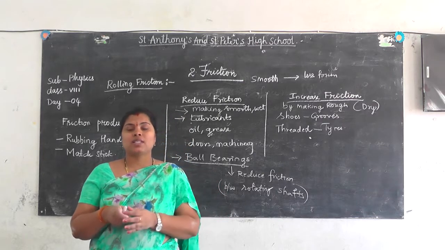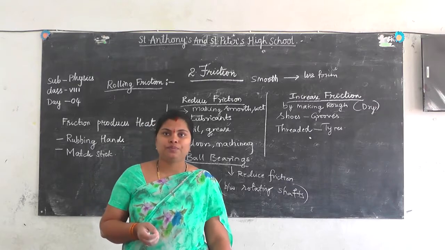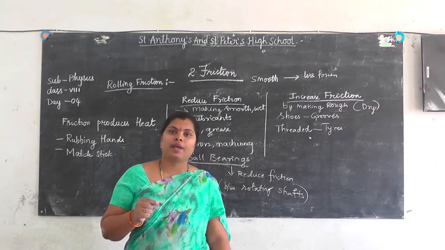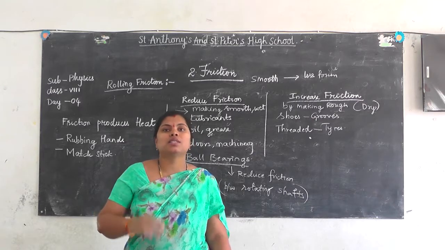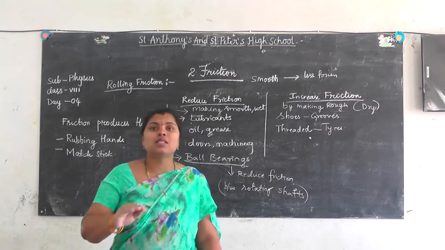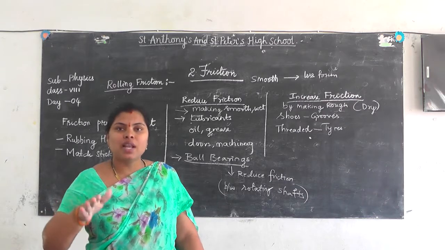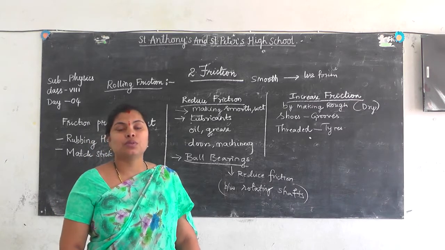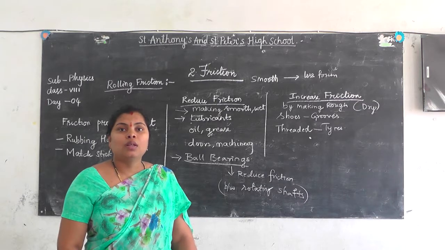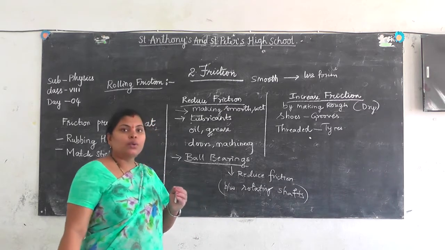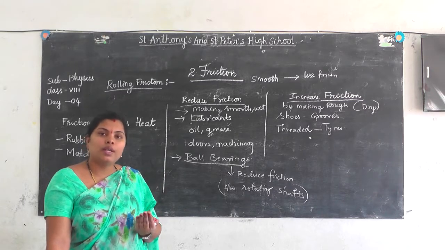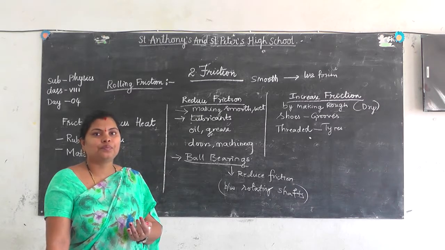In such cases, we apply some oil to that. Why do you think we apply it? Here the oil is acting like a lubricant. It smooths the surface. When it smoothens the surface, it offers less resistance, less friction. So, in this way, in order to reduce the friction, we can use lubricants like oil, grease, etc.